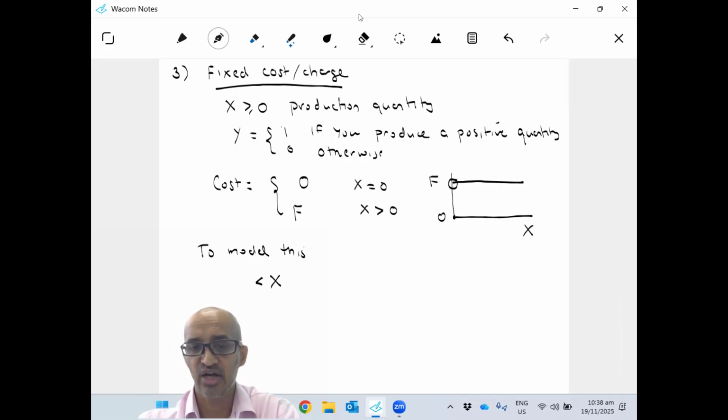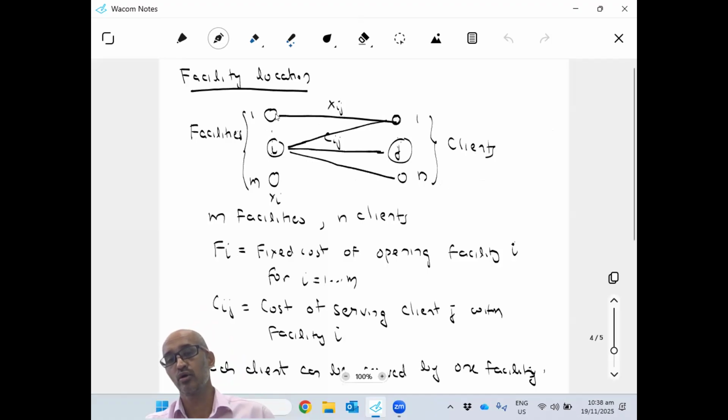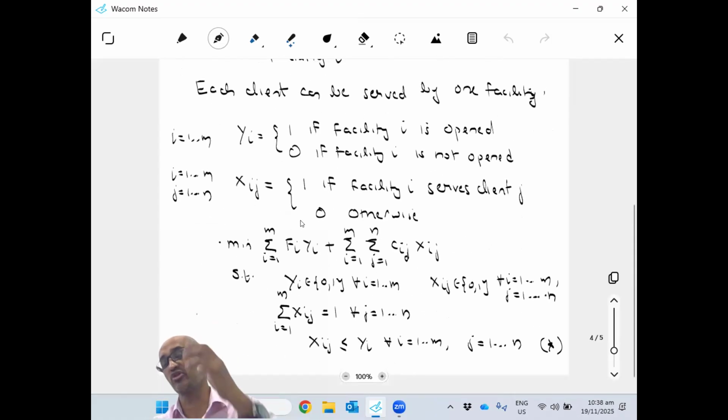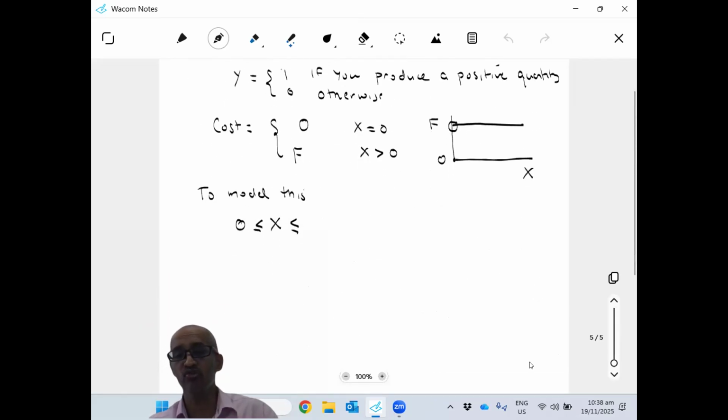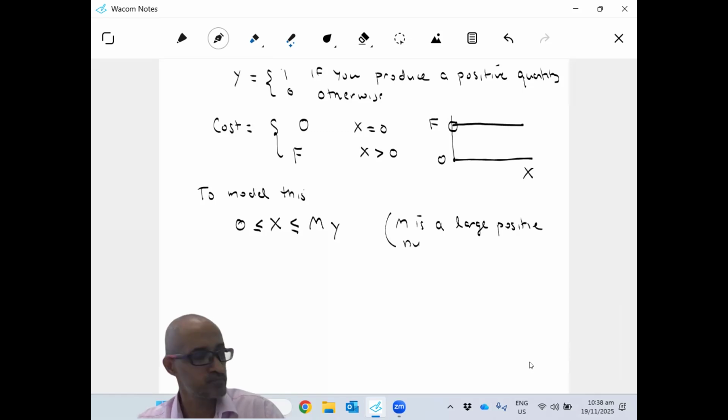X is some production quantity, but now I need to put an upper bound here, some big number M. Previously Xij was a 0, 1 variable, but now X is a production quantity. So M is a large positive number.